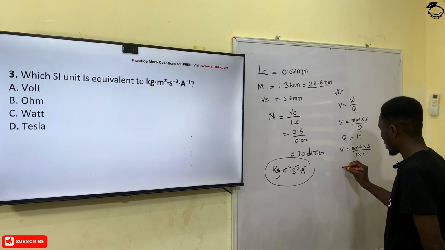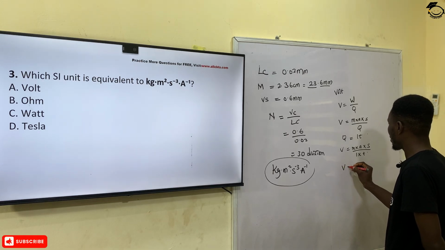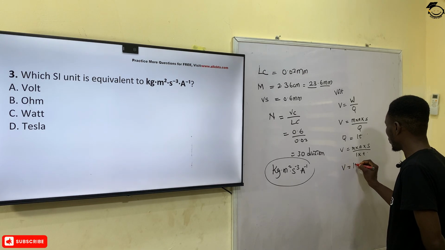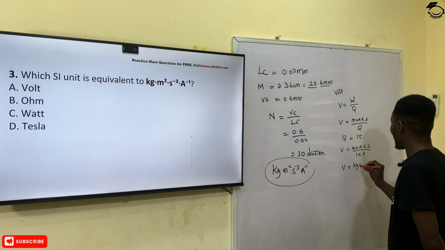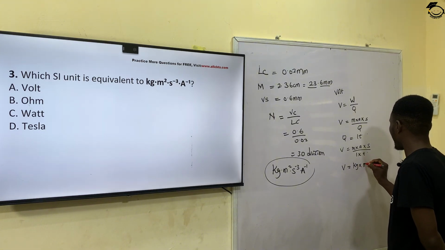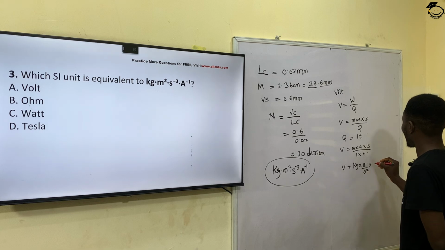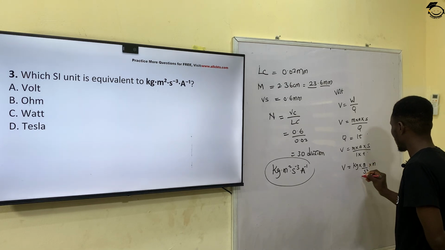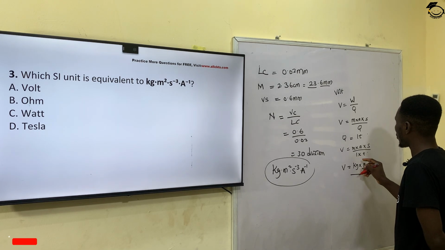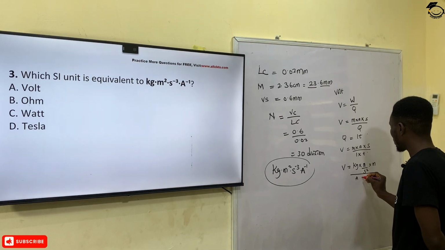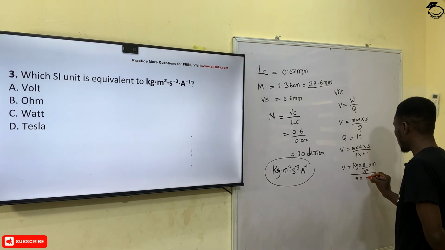So my voltage will be equal to mass, measured in kilogram, times acceleration, measured in meter per second squared, times distance, measured in meters, divided by current, measured in ampere, times time, measured in seconds.